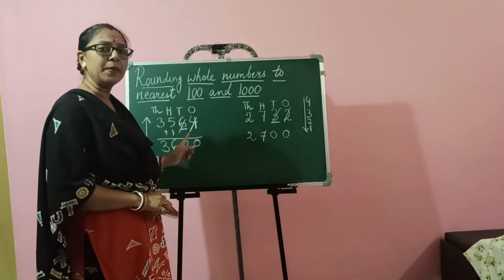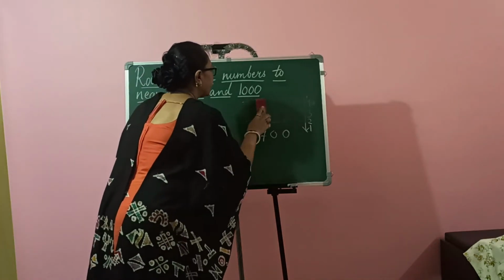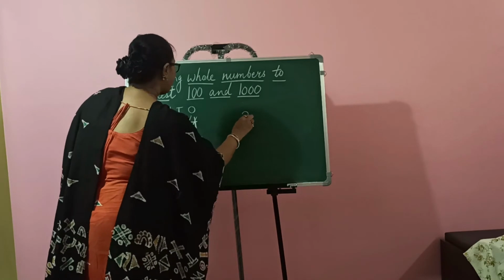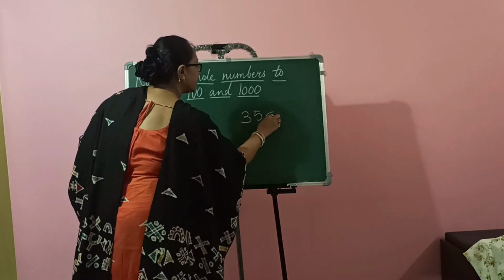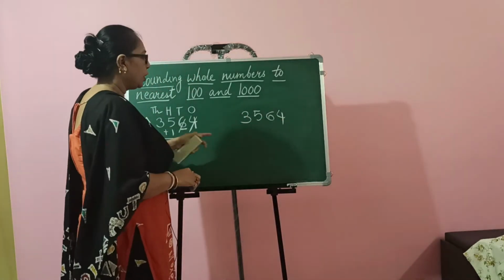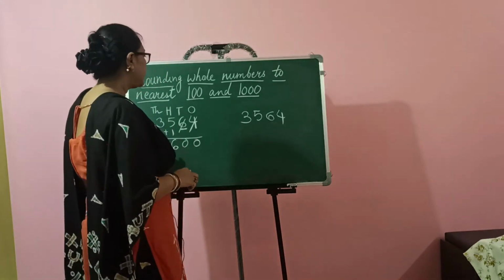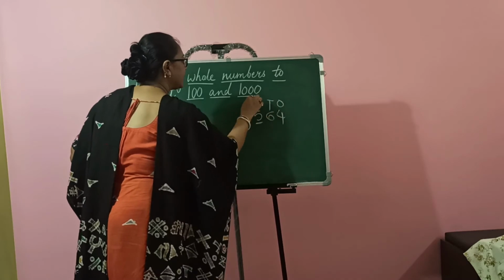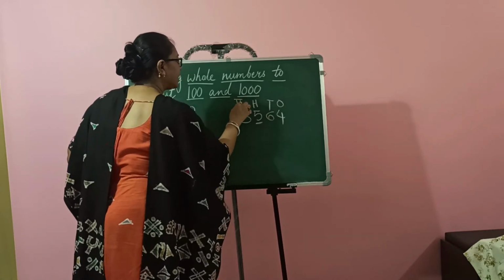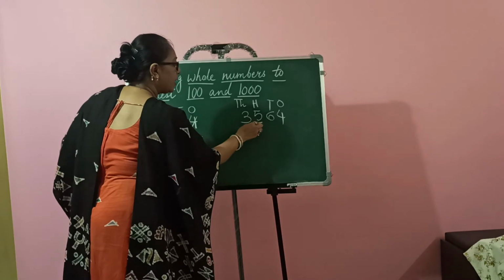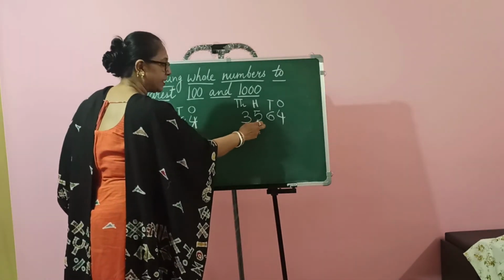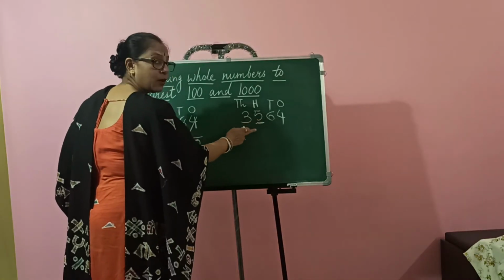Let us take the same number, say 3564. To round off to the nearest 1000, we look at the hundreds place. Ones, tens, hundreds and thousands. The hundreds place has 5.